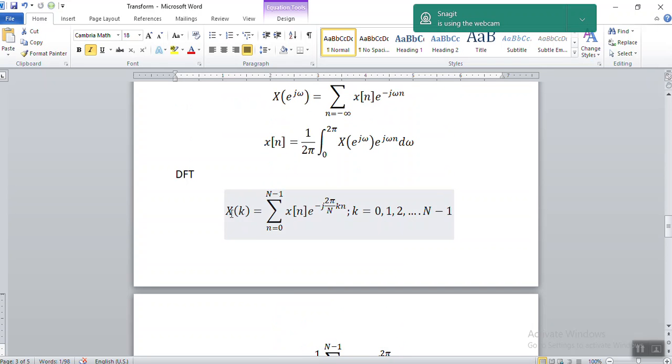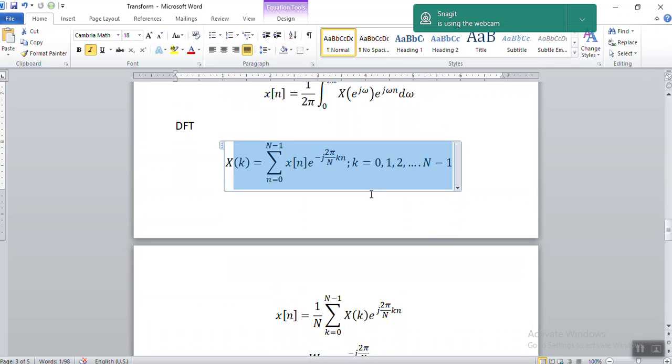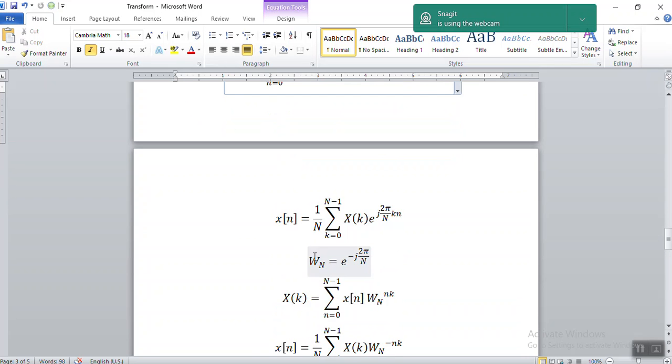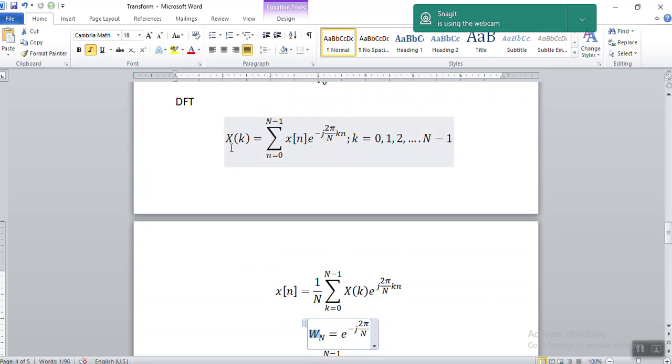But in the direct computation of the DFT, these two properties are not taken into consideration. That means the advantage of this periodicity and symmetry is not incorporated. So, two things: it has N square complex multiplications and N into N minus 1 complex additions, and the twiddle factor, e to the power minus j 2 pi by N, which is symmetric and periodic, is not incorporated in the direct computation of the DFT.